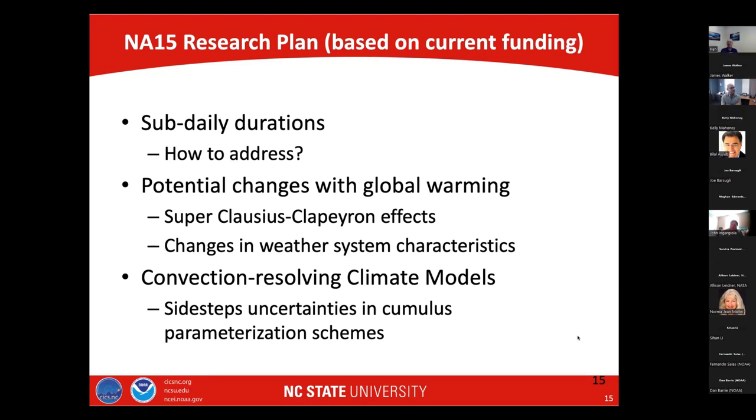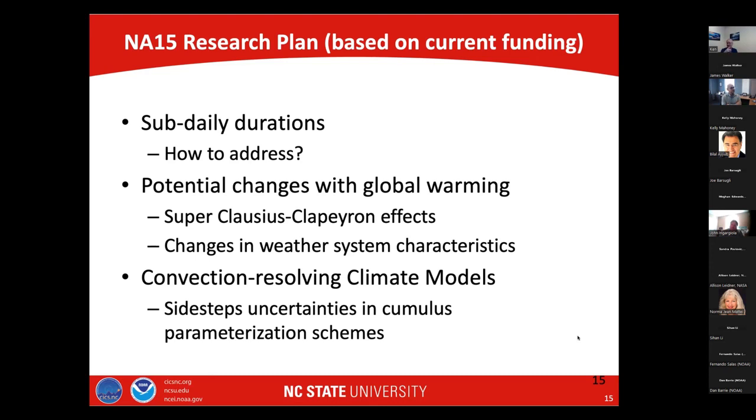The super-Clausius-Clapeyron effect, where upward motion in convective towers is enhanced by increased latent heat release, might be more important at shorter durations than at the longer durations. There's also potential changes in weather system characteristics that might differ at the shorter durations. One issue with all climate models with regard to precipitation is that many processes have to be parameterized, and perhaps one key one is cumulus convection.